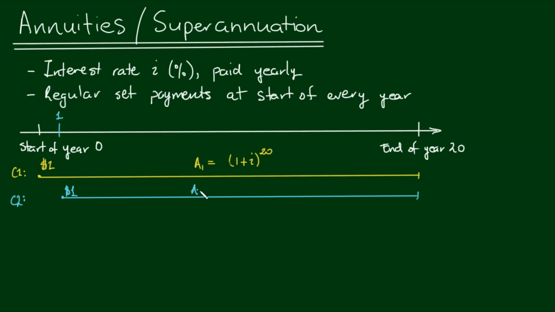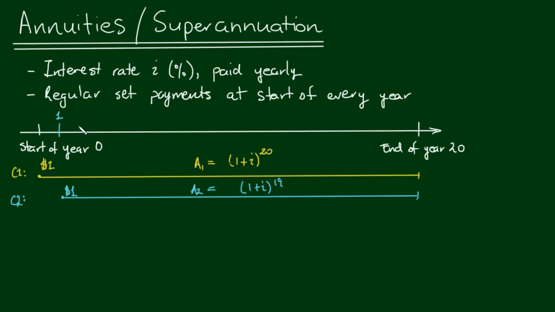So A2 will be the $1 times 1 plus the interest rate to the power of 19, because it's going to accumulate interest for the remainder of the term, which is 19 years. And to keep things simple, I'm going to erase this $1 at the front.